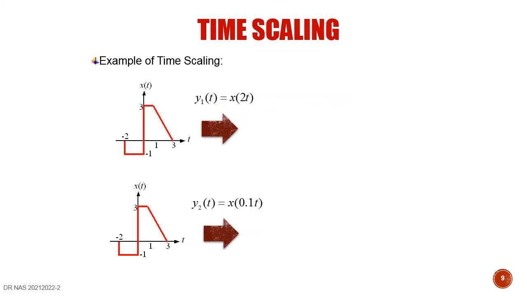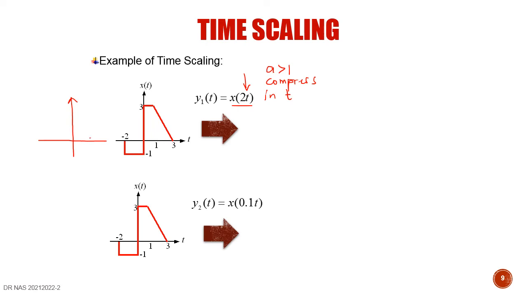Another example on time scaling. Let's look at the first one, x(2t). Look at the a. In this case, a is larger than 1, so you know that the signal will be compressed in t. You can just draw what happens to t. Compress means smaller.